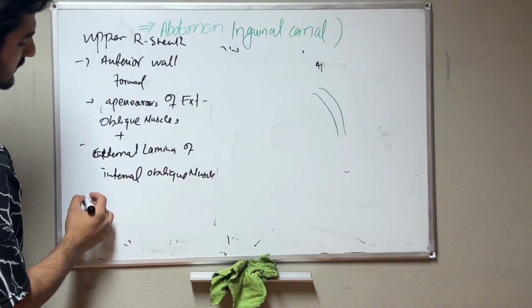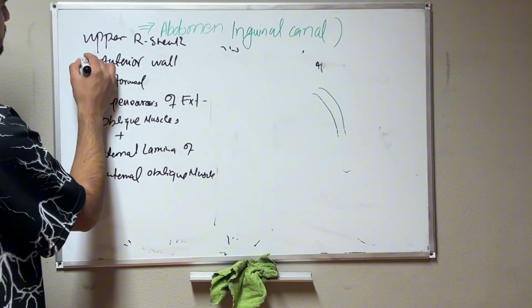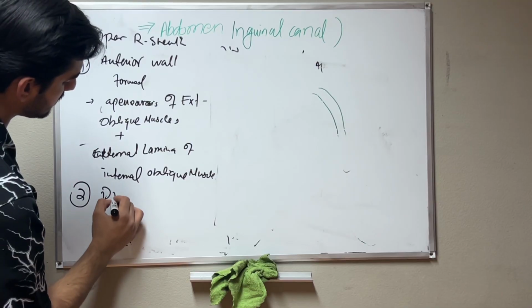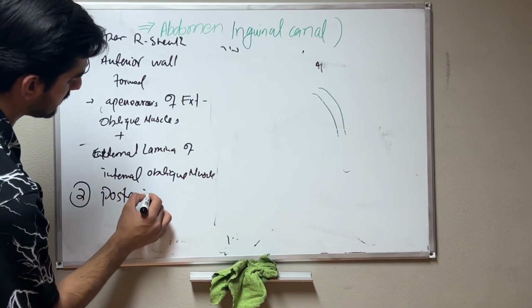This is the anterior wall, then we have the posterior wall of the upper rectus sheath.